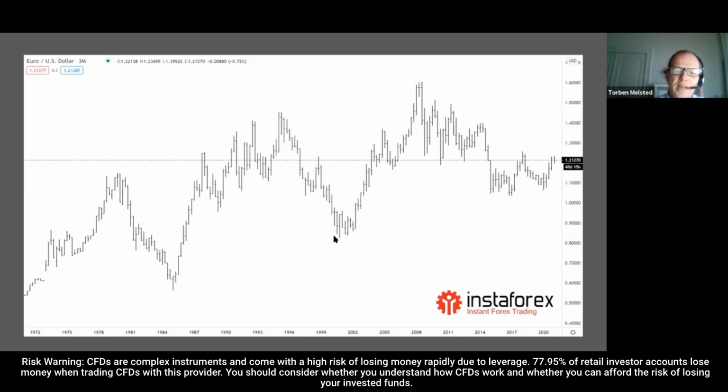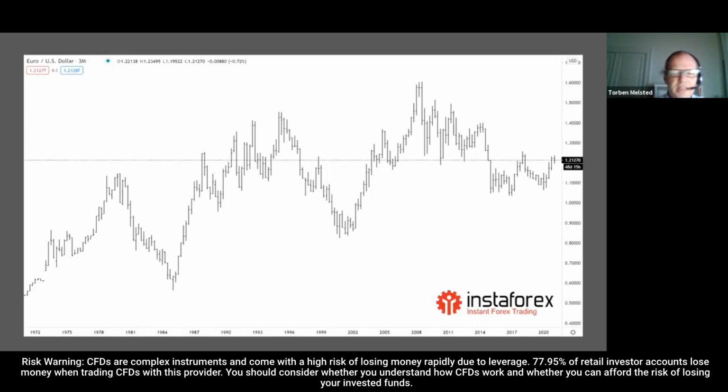Then I work my way down to the hourly chart, 15-minute chart, 5-minute, whatever. The procedure is the same all the way. So let's start with this one. This is a monthly chart of the euro dollar, and I will keep going with the euro dollar all the way today.